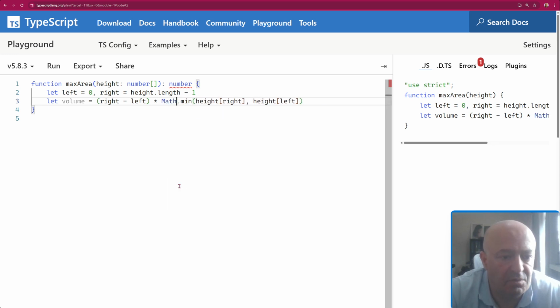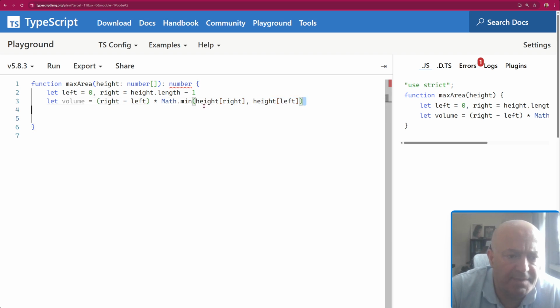That's our minimum value. So that would be the height of the container, and that would be the width. This is the width of the container along the x-axis. So now we are ready to go into the loop.